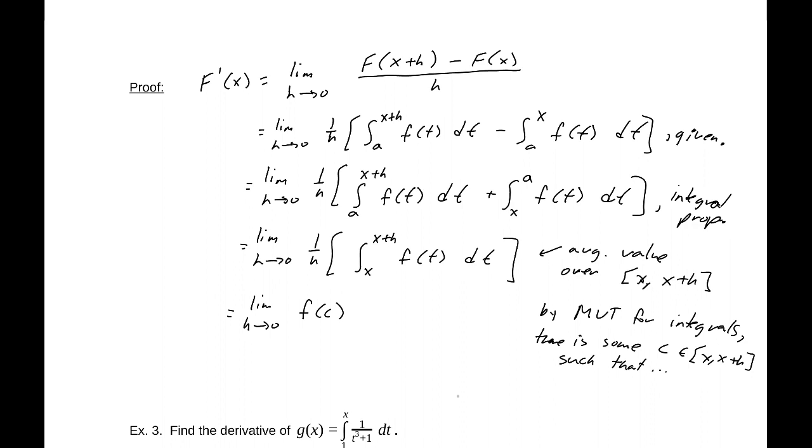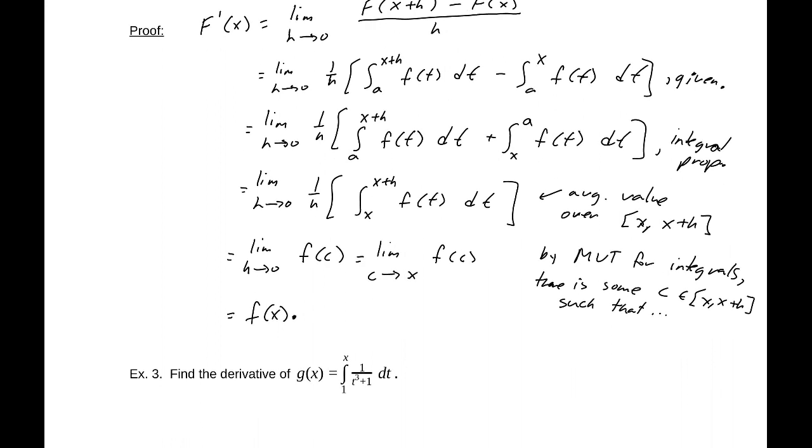And this is going to be the same as if you just had the limit as c goes to x. Now this is because the function is continuous. We're told f of x is continuous. So the limit as c goes to x of f of c is equal to f of x.